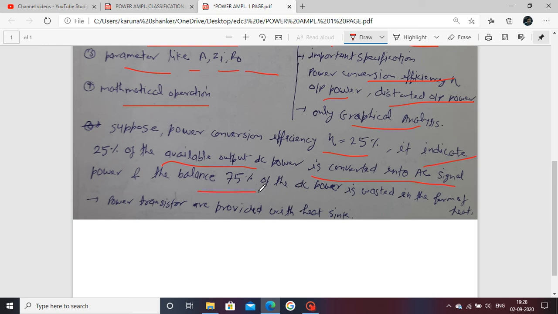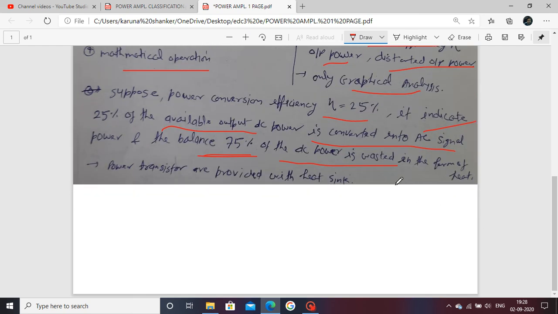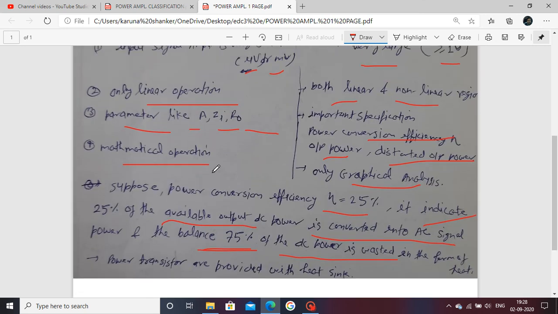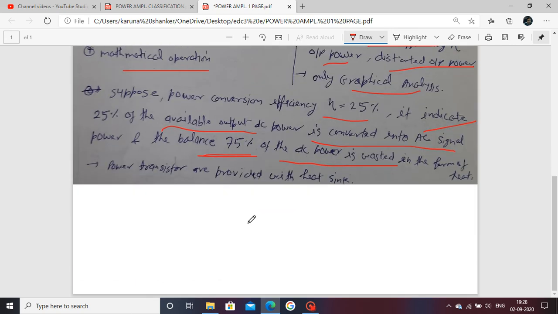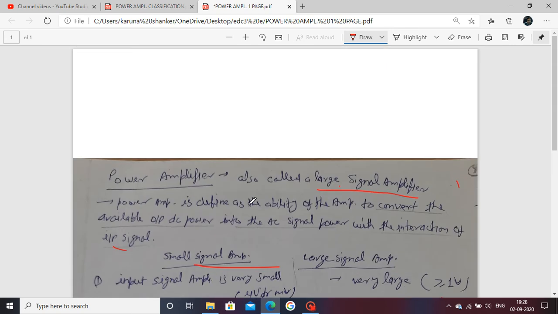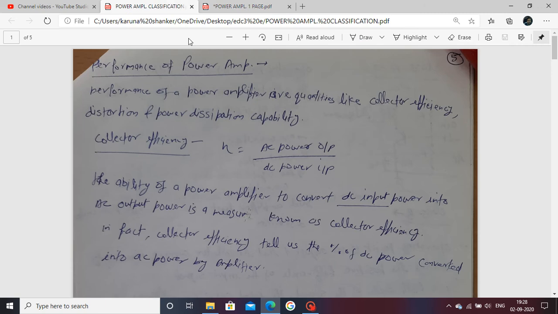The balance, 100 minus 25, is 75, which means 75% of the DC power is wasted in the form of heat. So 75% is wasted and 25% is useful power. That is my efficiency. Next, we move to the classification of power amplifiers.